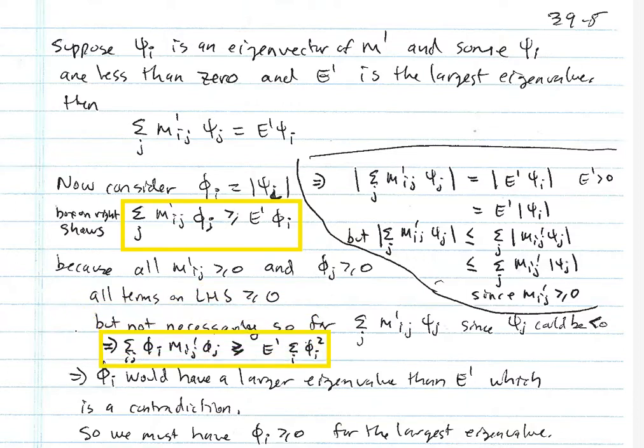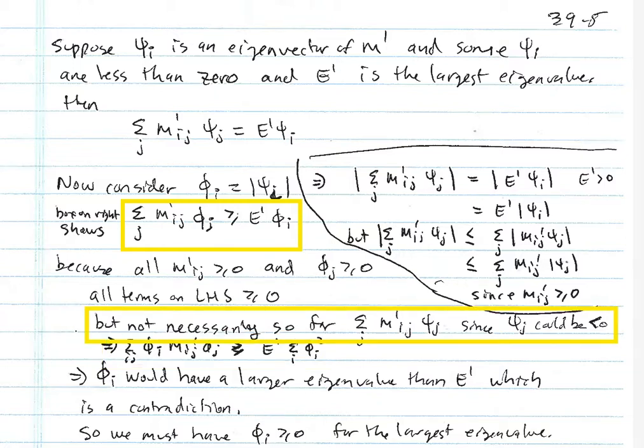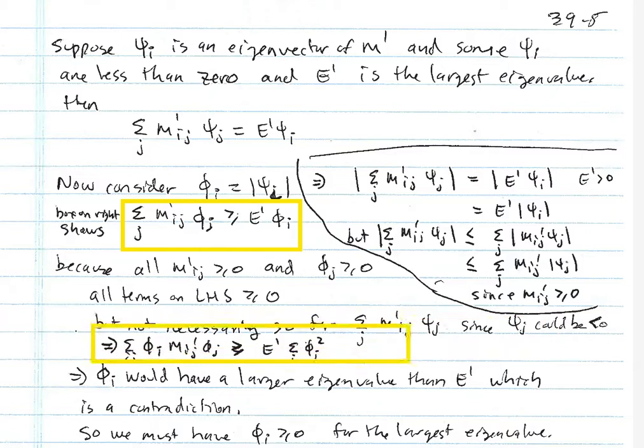But that is not necessarily true for all of the terms in the sum over j of M prime_ij psi_j, because some of the psi_j's could be less than 0. That means if I look at this expectation value, the sum over ij of phi_i M prime_ij phi_j, that must be larger or equal to E prime times the sum over i of phi_i squared.